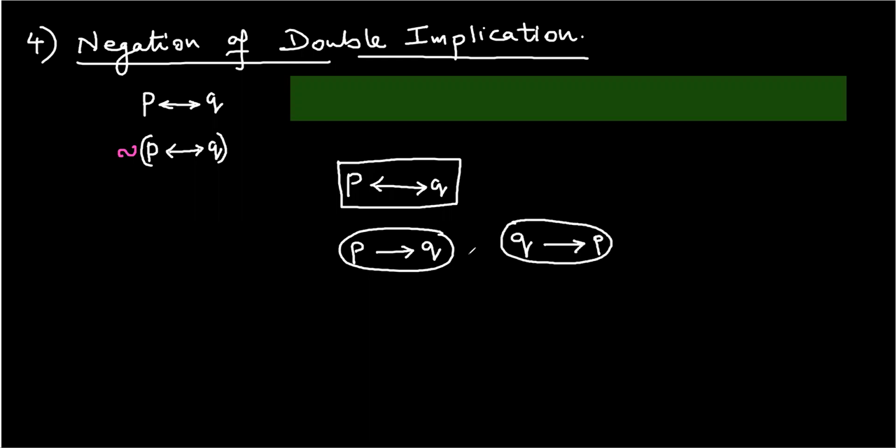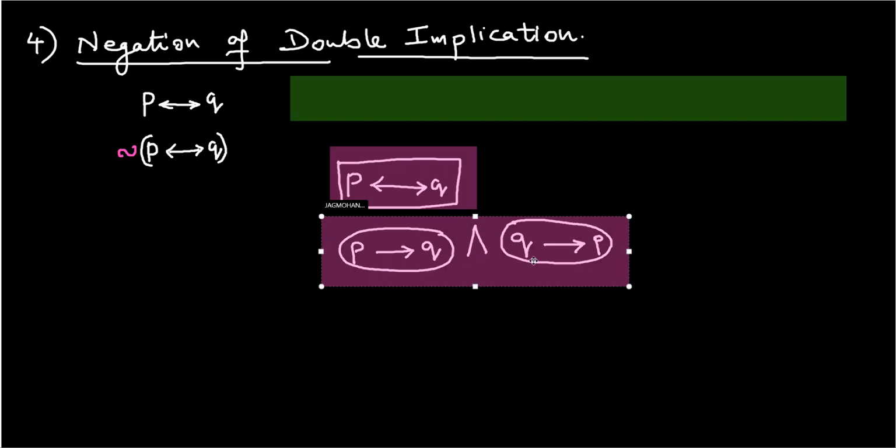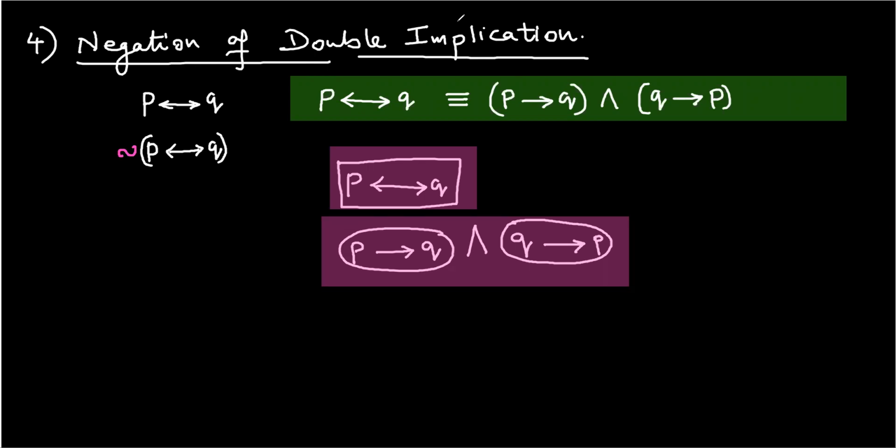That is, in between you have conjunction. So remember that double implication, P double implication Q, is logically equivalent to P implies Q and Q implies P. So this is the logical equivalence which I'm writing here, and I want you all to prove this.